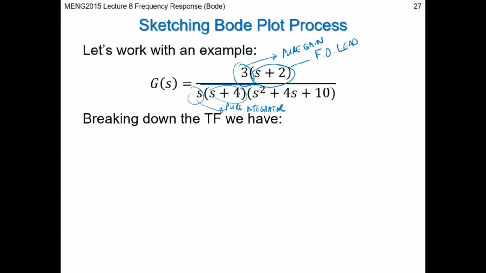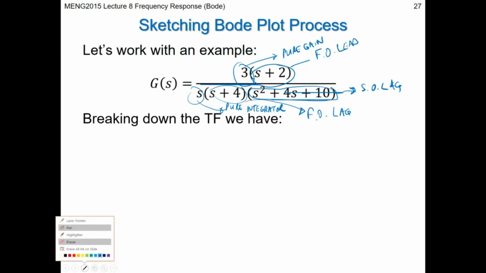And we have here a first order lag. And in the quadratic, we have a second order lag. Don't know why the pen keeps doing these strange lines. Right, this one's the second order lag. So we have all 4 types in this transfer function.